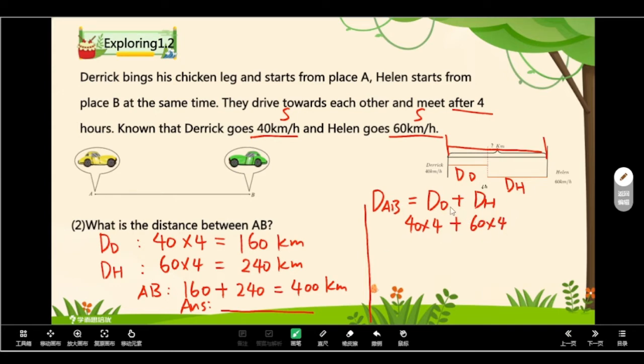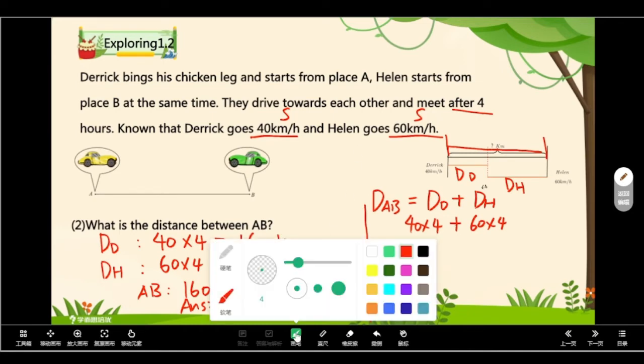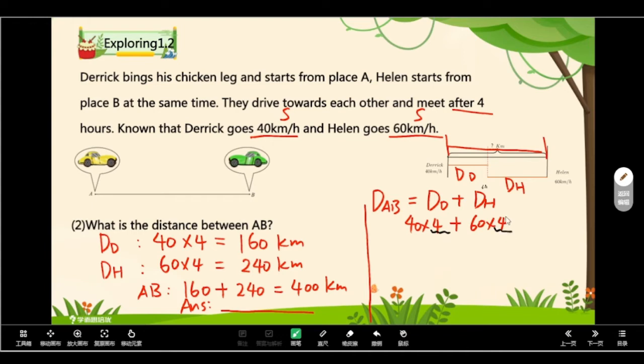Observe the calculation carefully. We can find out there are same factors here. I don't know whether you have learned taking out the common factor.